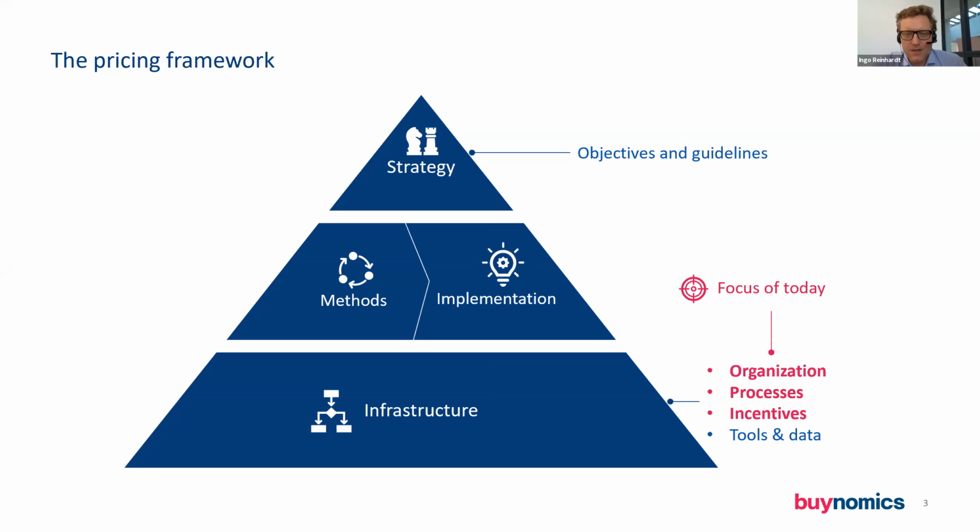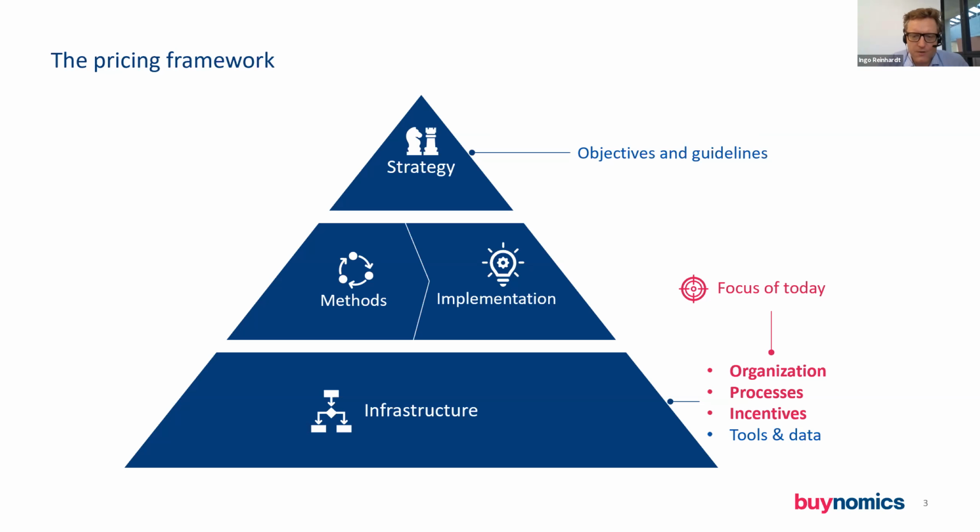Thanks, Paul. Let's spend one or two sentences while we're showing this. Today's topic is pricing organization. From a more holistic pricing framework, this constitutes the bottom of the pyramid. At the top, you have your pricing strategy, what you want to achieve.